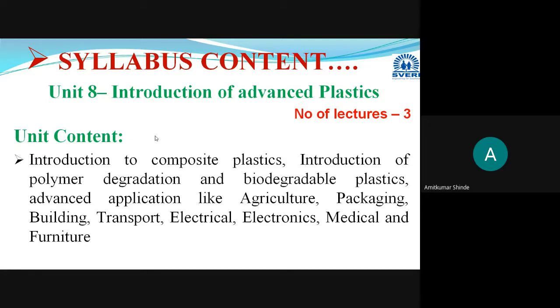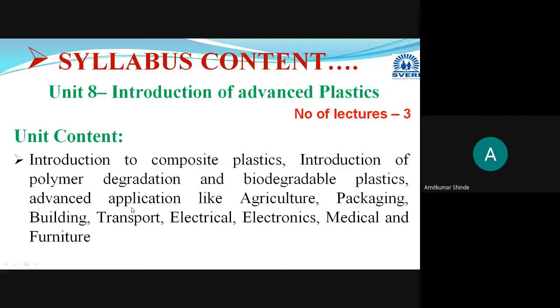We are using the same concept, and we are going to discuss that same concept related to composite plastics. In short, we are going to discuss an introduction to the composite plastics. Then what is the meaning of biodegradable plastics, and one concept is there, that is polymer degradation. What is the meaning of polymer degradation and the factors affecting this polymer degradation, that we are going to discuss here.